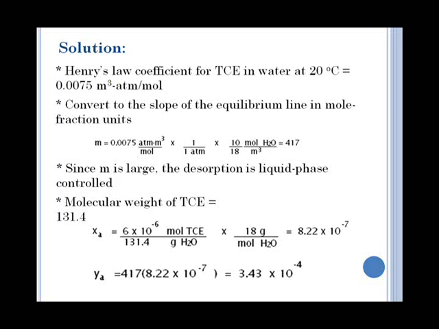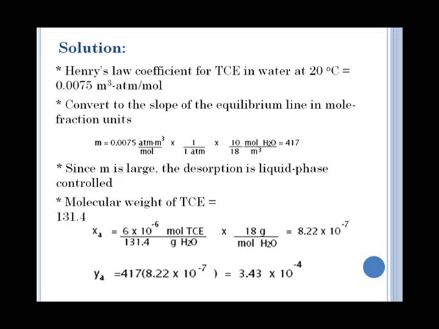First, we will calculate their mole fractions. For XA, it is given that the amount of TCE is 6 ppm, or 6 times 10 to the negative 6 gram of TCE per gram of water.